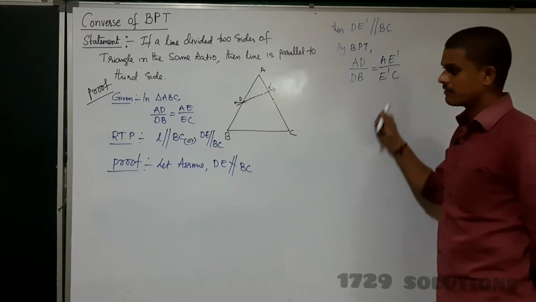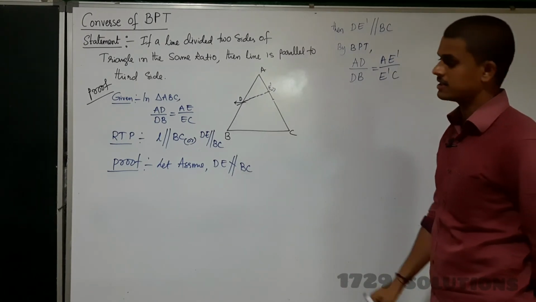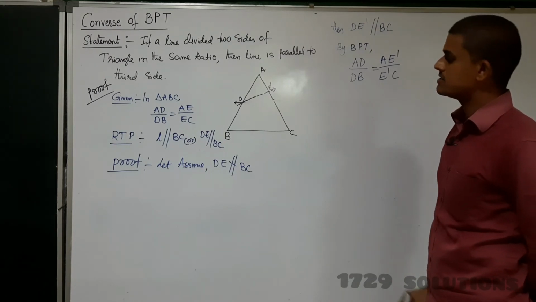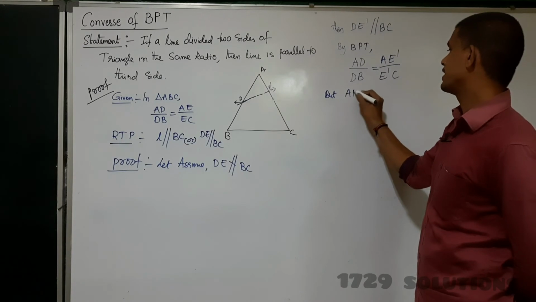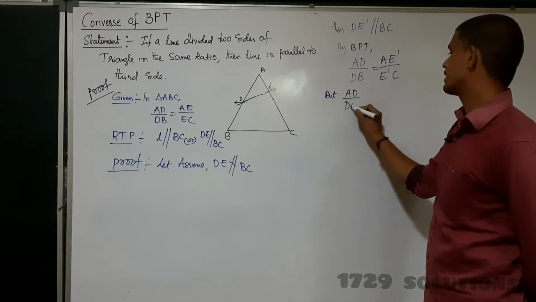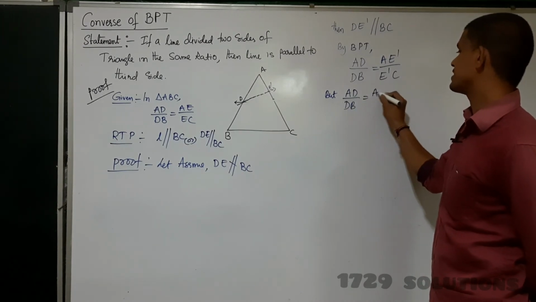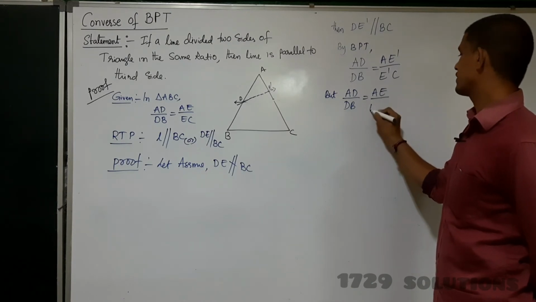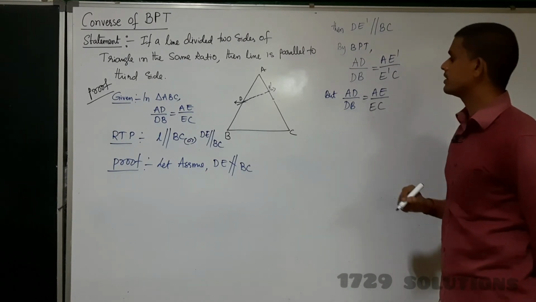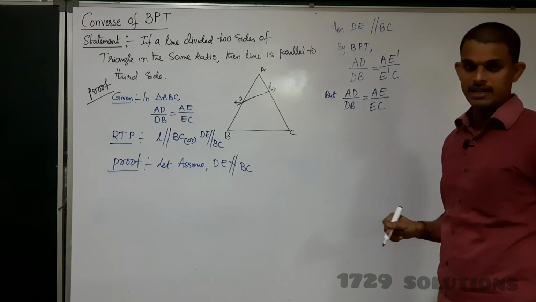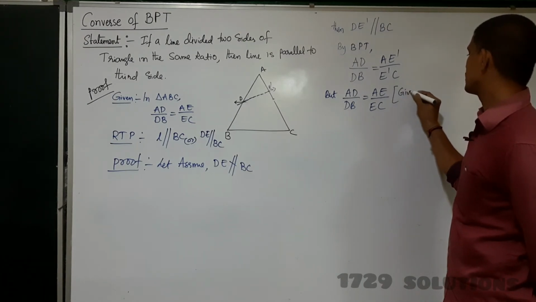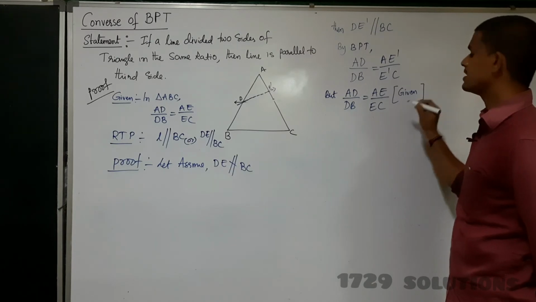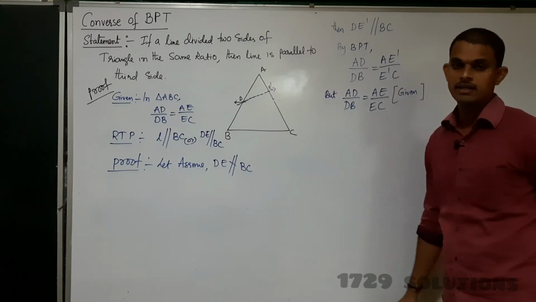Yes, but what is the given statement we have here? The given statement is AD by DB is equal to AE by EC. So just now we got AD by DB is equal to AE dash by E dash C, but we already have in the given AD by DB is equal to AE by EC.